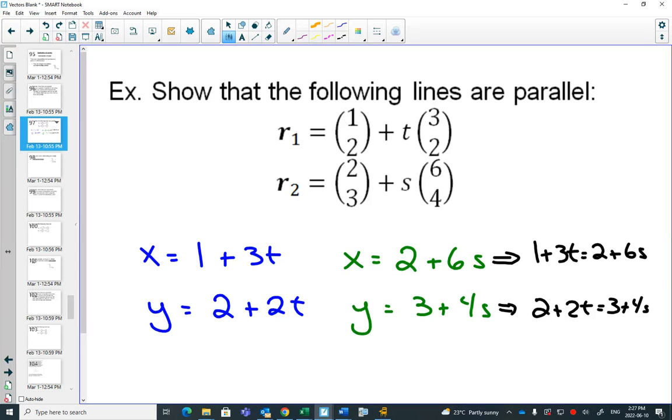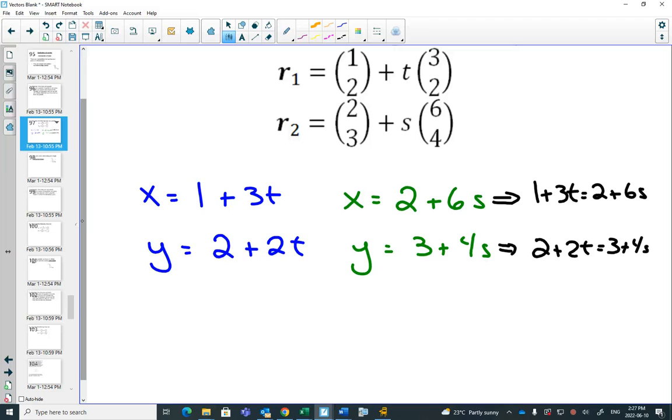You could solve that system of equations any way that you want, using matrices, using the mathematics of grade 10, elimination. I would probably look at this one and try to do something with elimination.